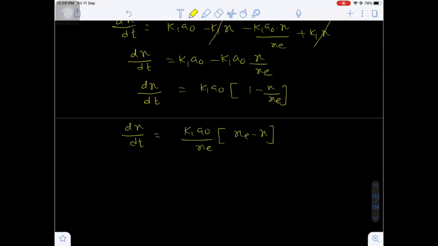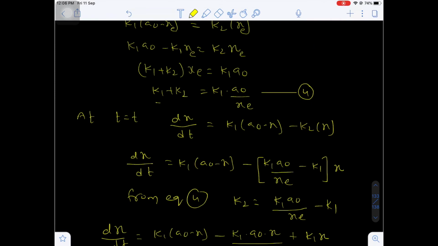Now if you bring the x terms to one side, you will get dx by, what are the x terms you have here, xe minus x. Just wait, before going to that, what is the value of k1 a naught by xe?